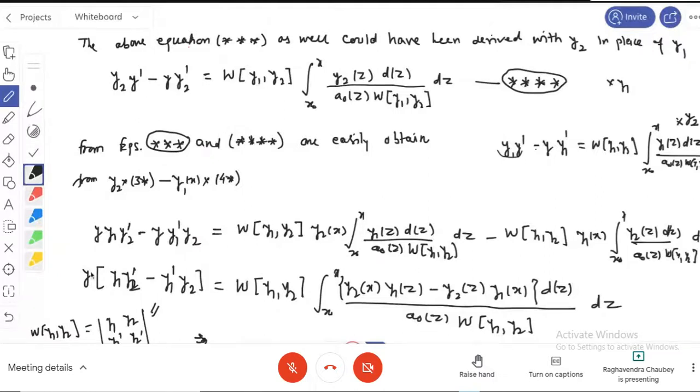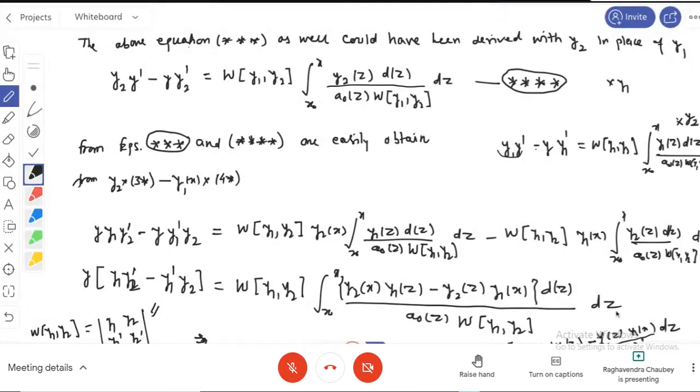This y equals the integral from x naught to x of y2x y1z minus y2z y1x. The denominator term is a naught z times the Wronskian of y1 y2, and this is dz.